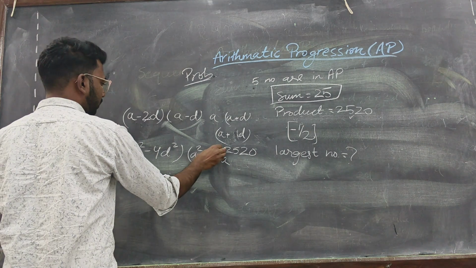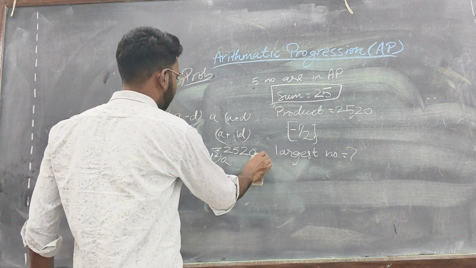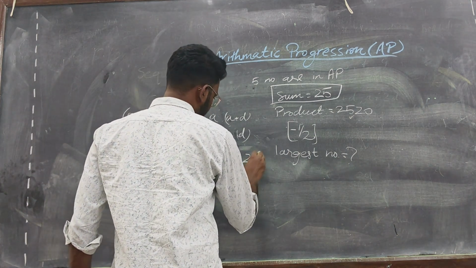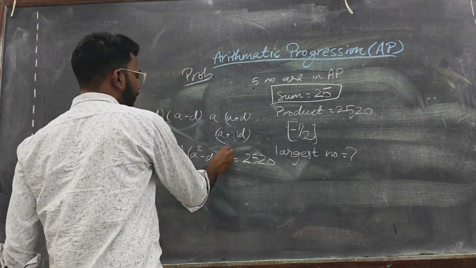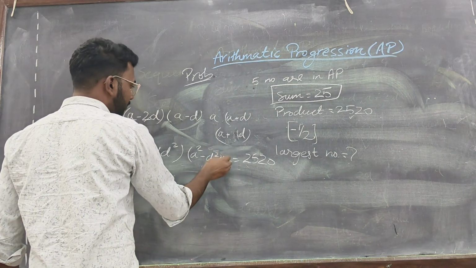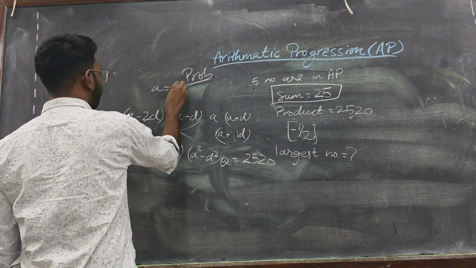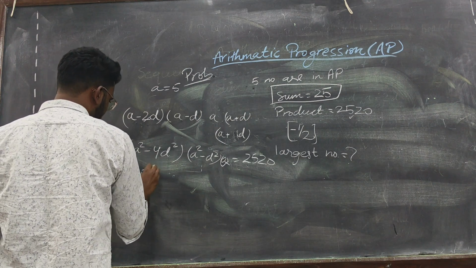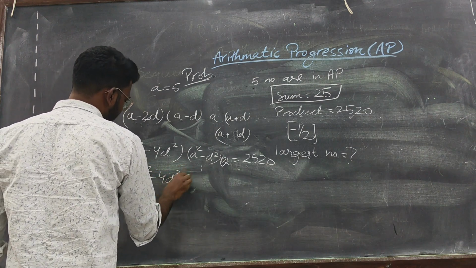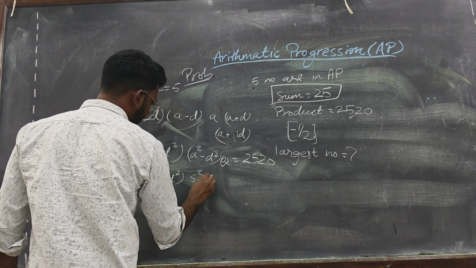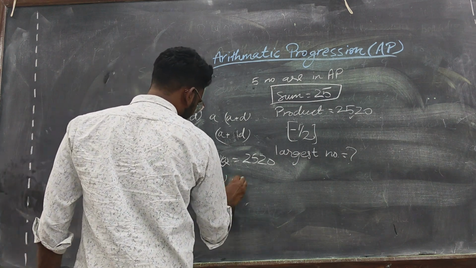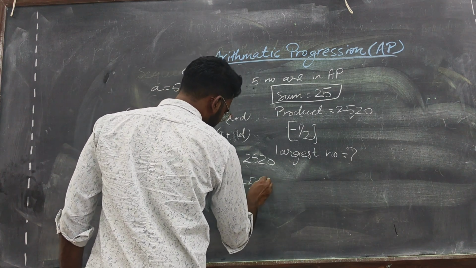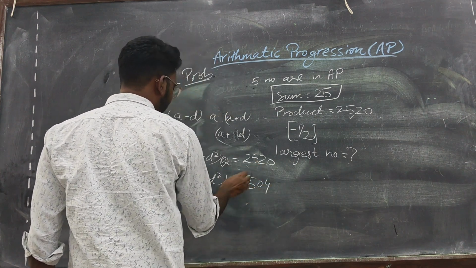So we have this equation. Now we know the value of a, which we just calculated as 5. So by putting in the value of a in this equation, (5 square minus 4d square)(5 square minus d square) times 5 equals 2520, which we can divide by 5 to get 504.